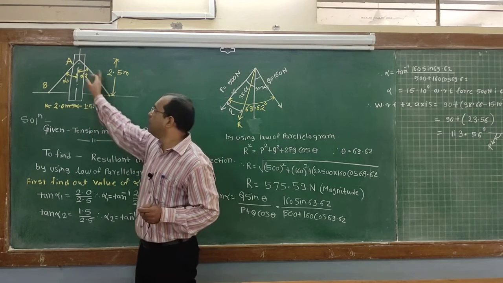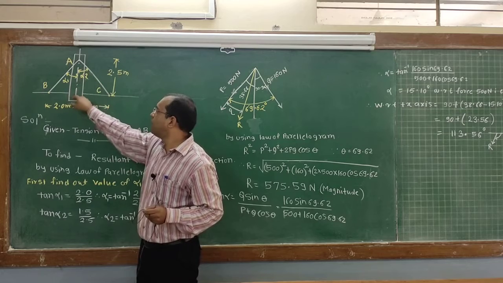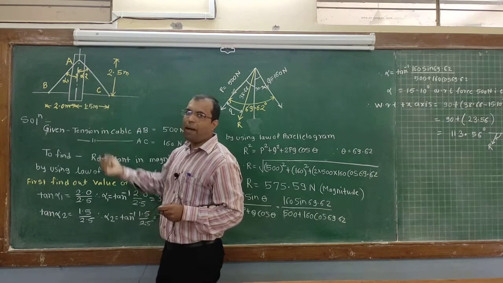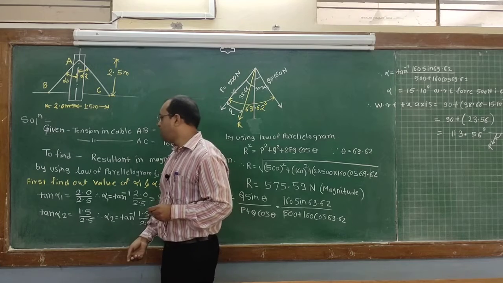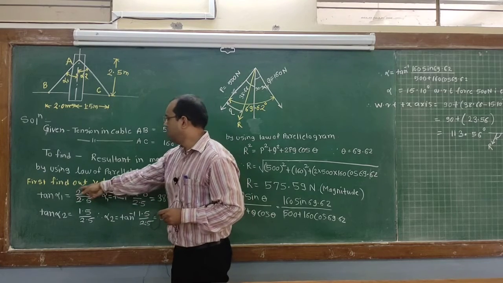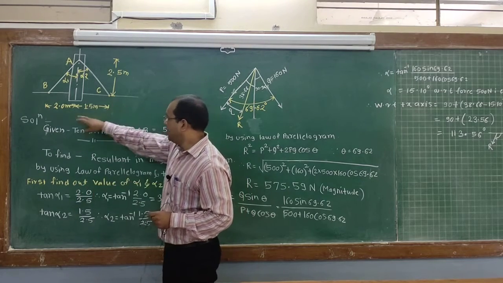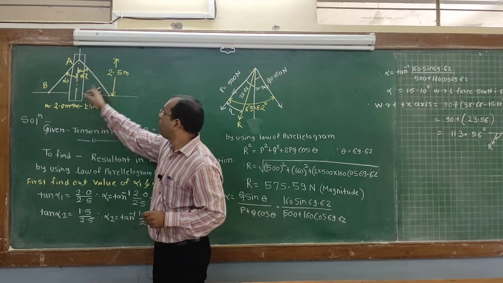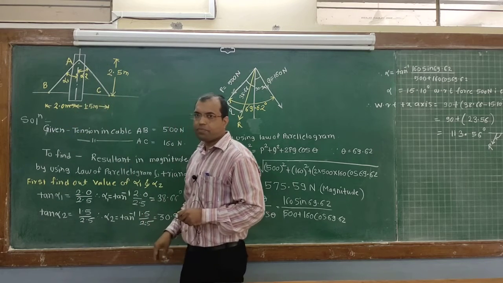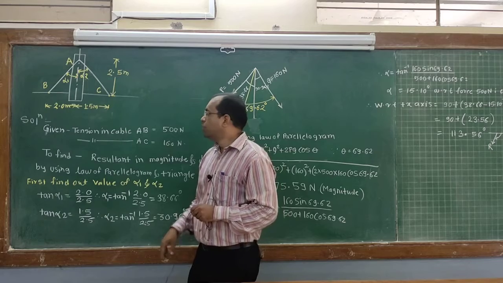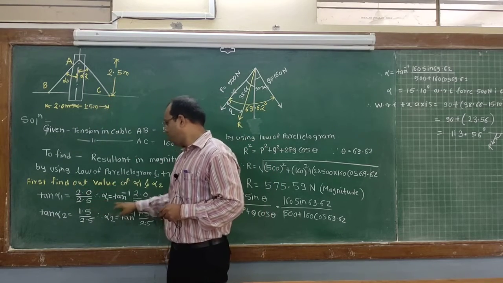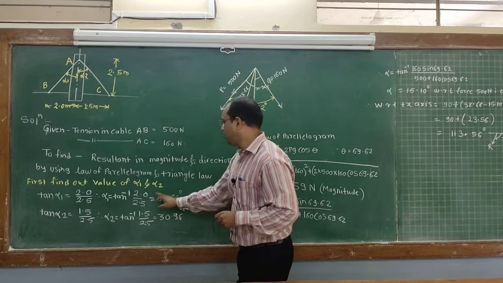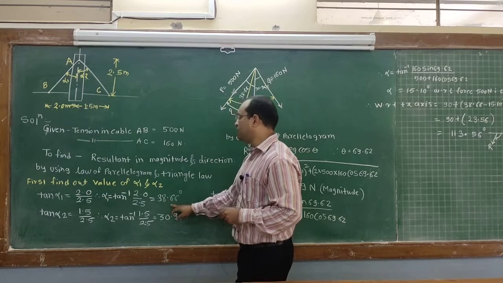So by applying trigonometry, we can easily find alpha 1 and alpha 2. Tan alpha 1 is 2 upon 2.5, that is opposite side upon adjacent side. From that we find alpha 1, which comes out to be 38.66 degrees.